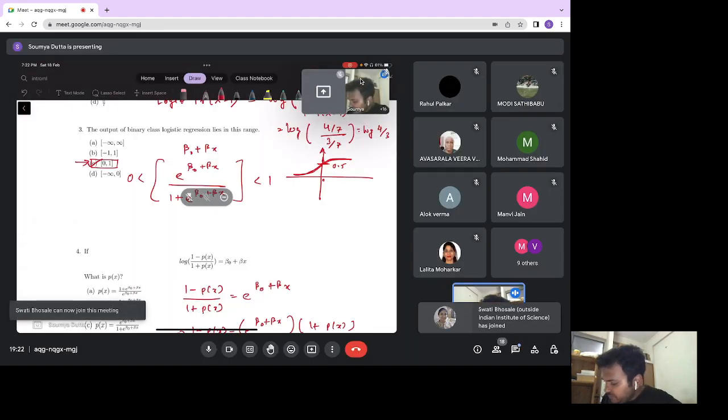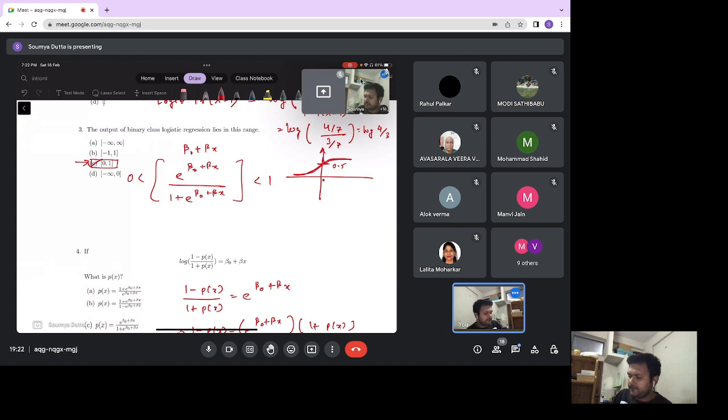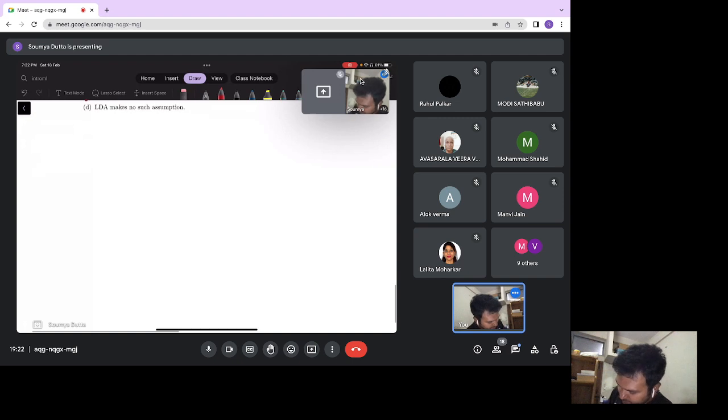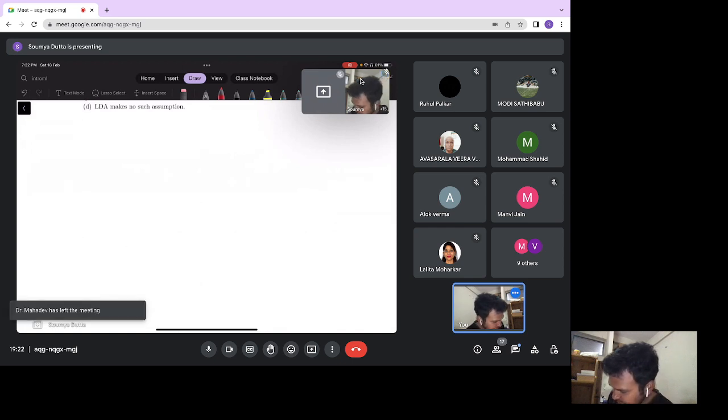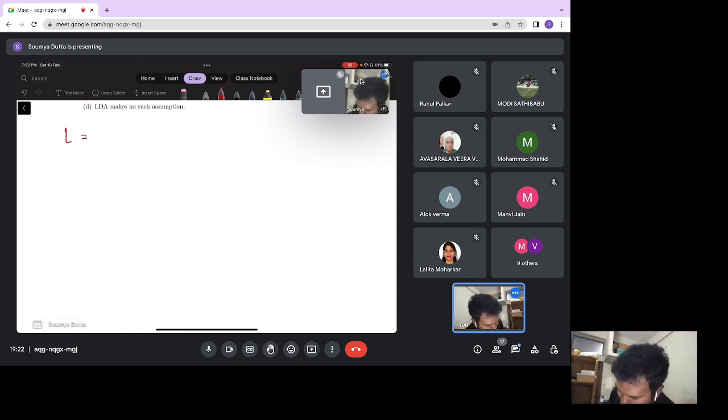Okay, so one thing that you have to understand: the loss function for logistic regression is something like this. y log y hat plus 1 minus y log 1 minus y hat.